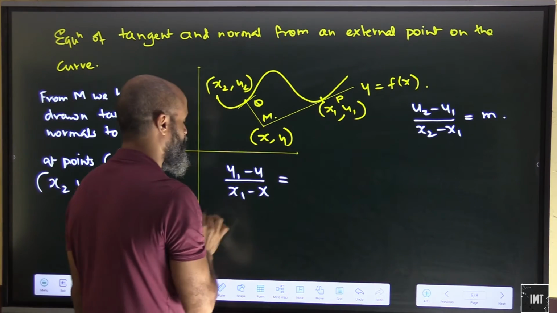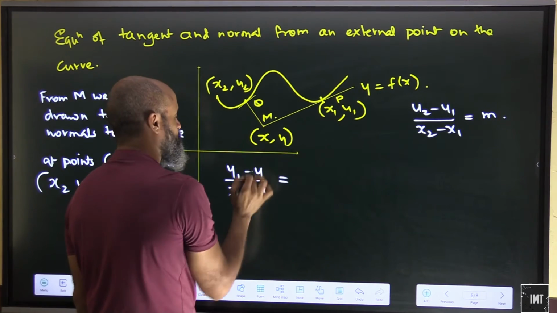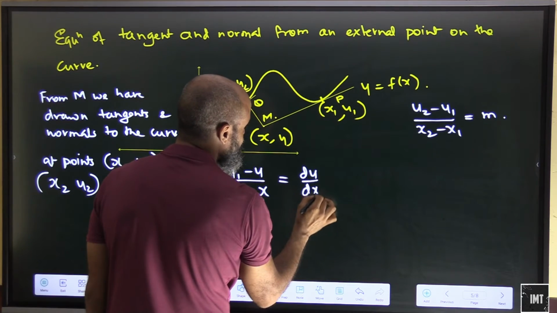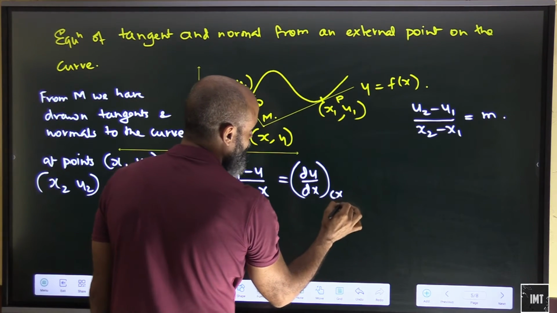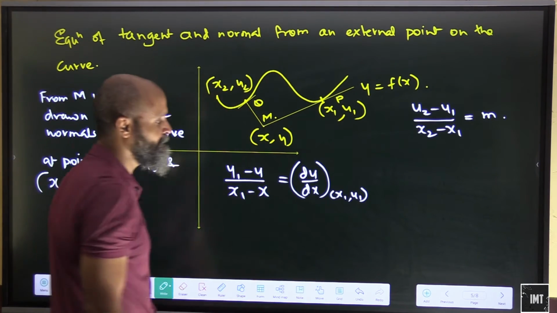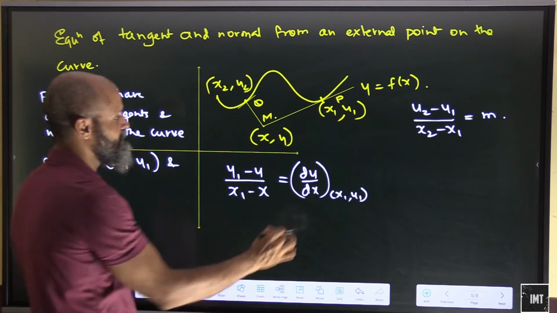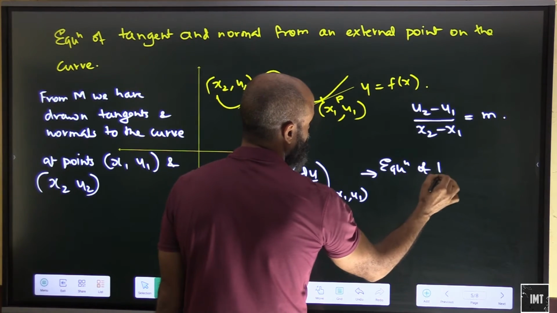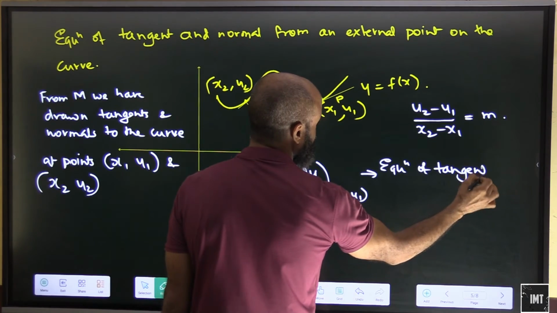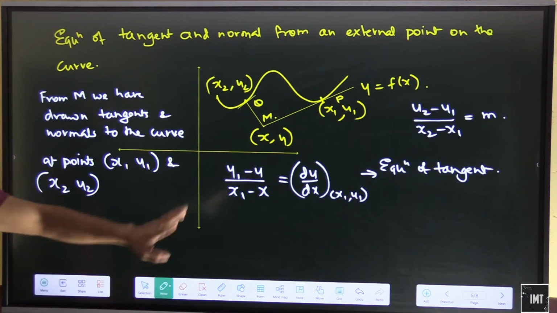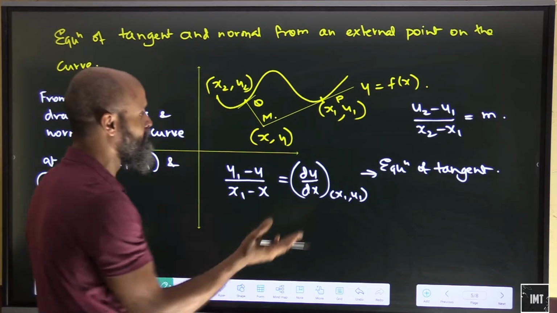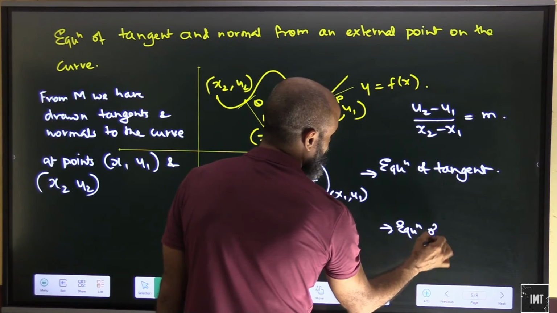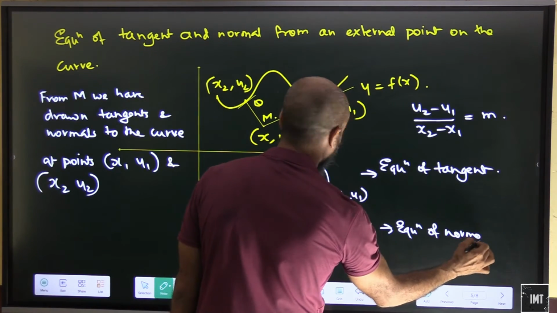So y1 minus y over x1 minus x is equal to m, dy by dx at x1 y1. So this is basically the equation of tangent. Now if we take the equation of normal, what will this be?